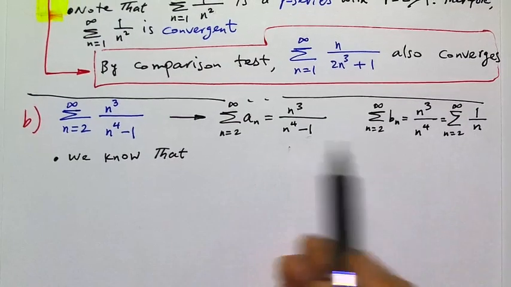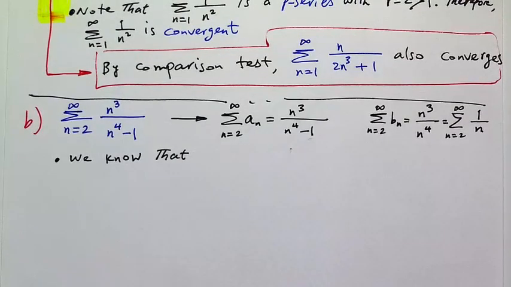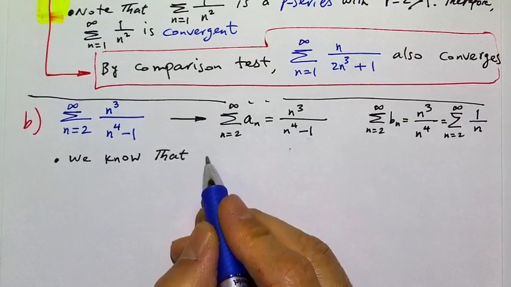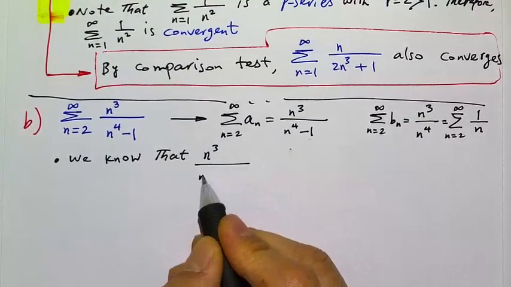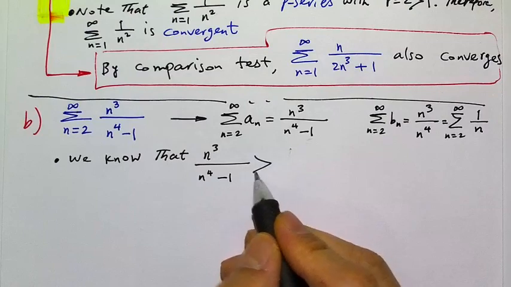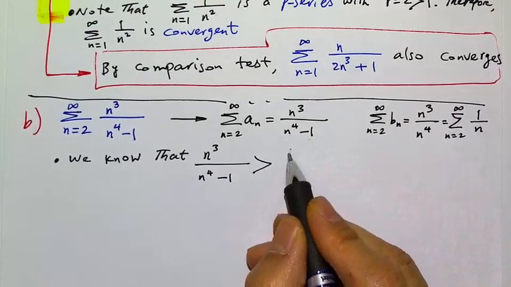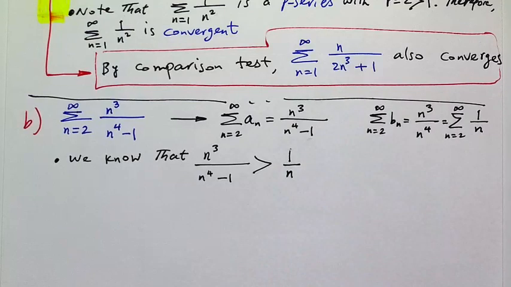Given that, we know that the series we're testing is larger than 1 over n. So that's that.